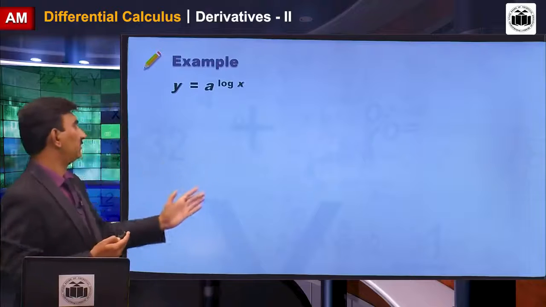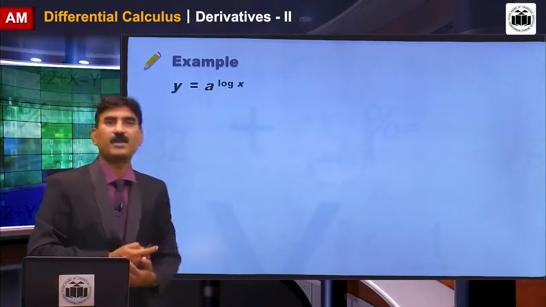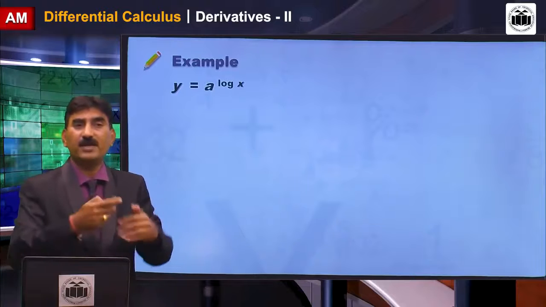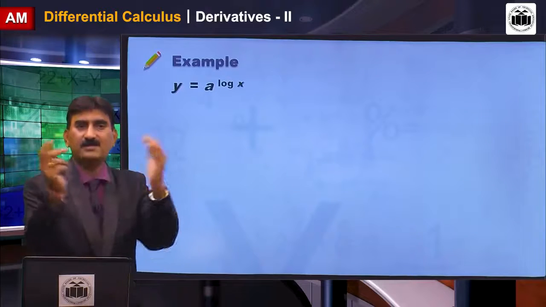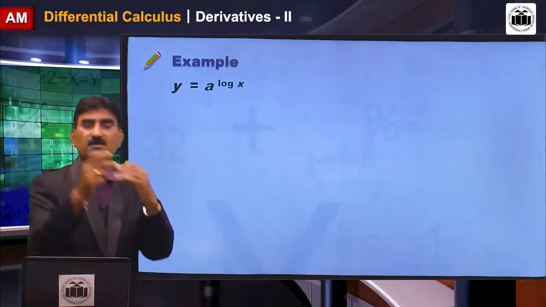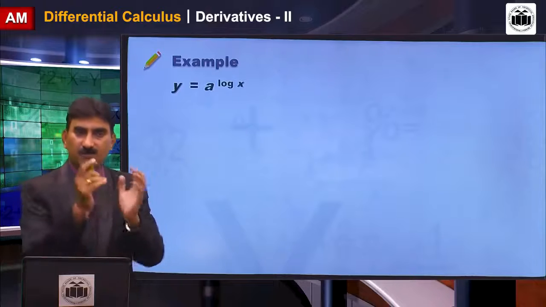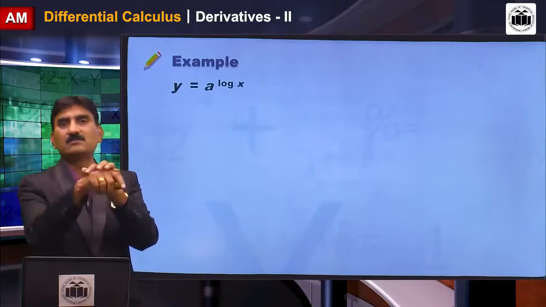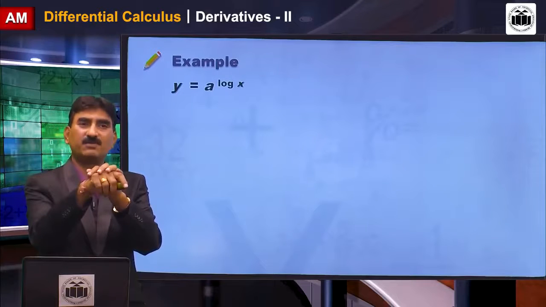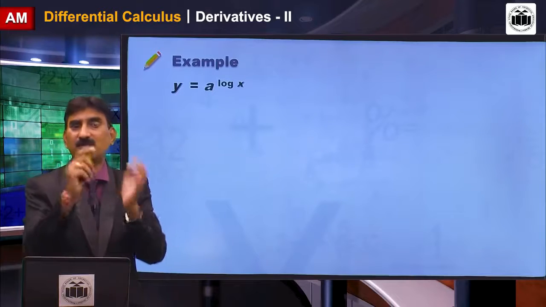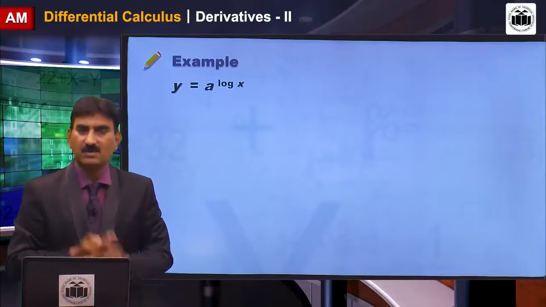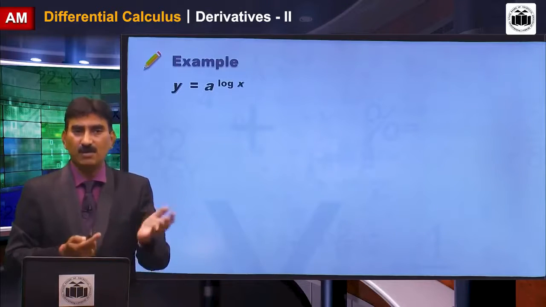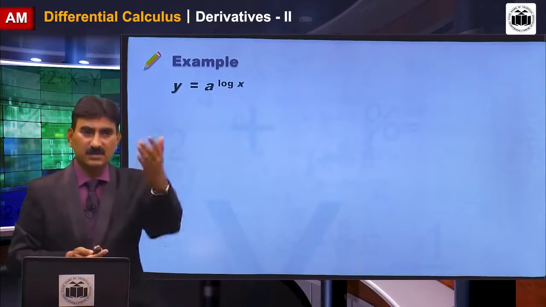In the previous case, we learned the derivative of a raised to x. Similarly, now here we find the derivative of a raised to log x. The category is the same, but instead of x, they put log x. That means the first function is an exponential function and the inside function is a logarithmic function. Now how do you differentiate? Can anybody tell me how you apply the chain rule here? Yes?